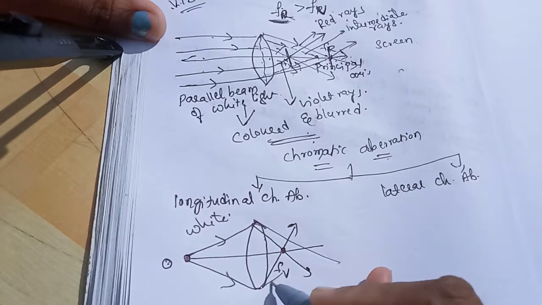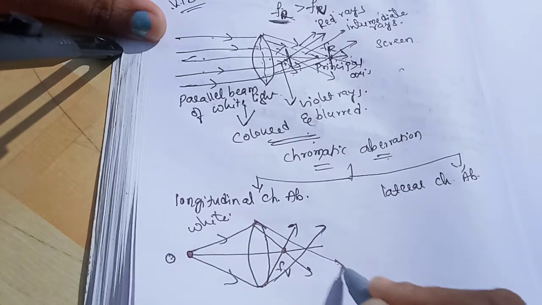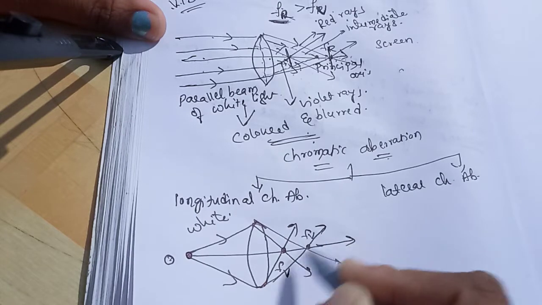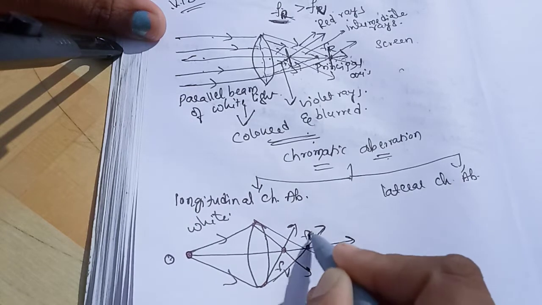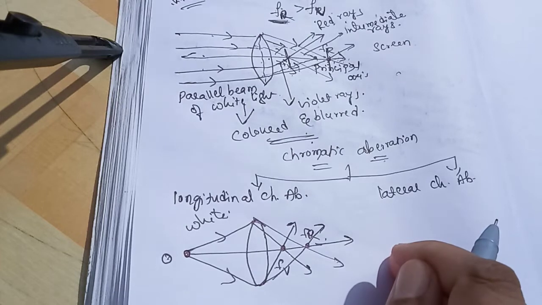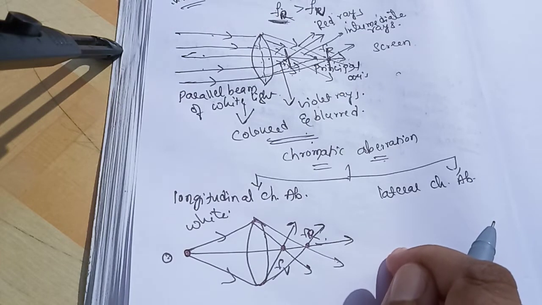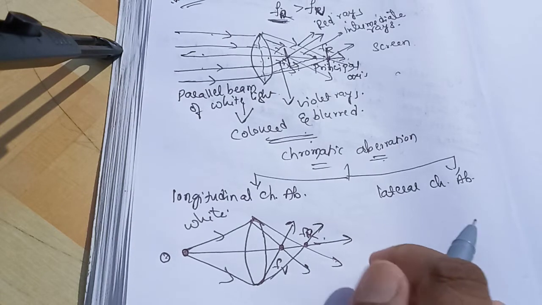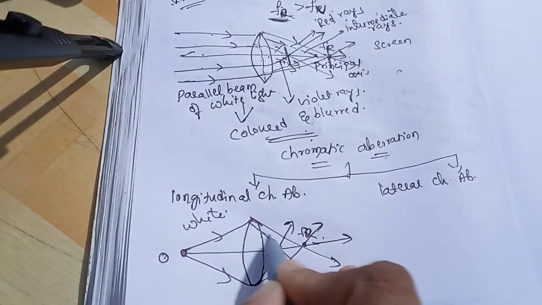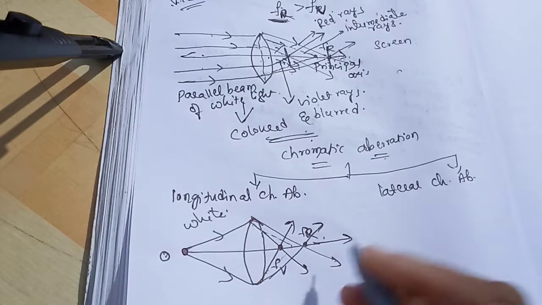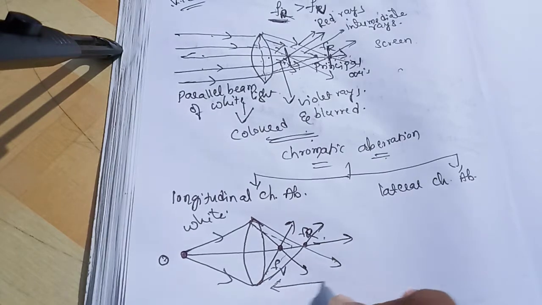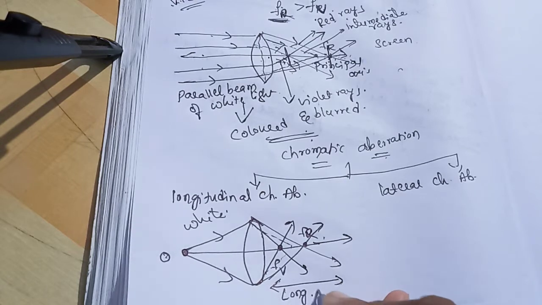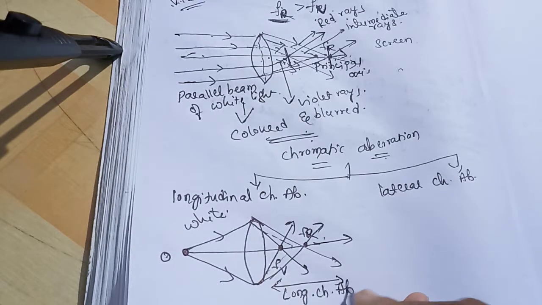Red rays, as their focal length is more, form their image far from the lens at FR. The intermediate rays form in between these two. The distance between FV and FR we call longitudinal chromatic aberration.